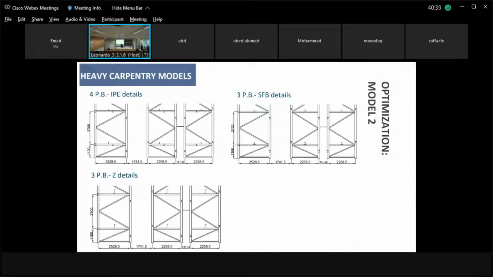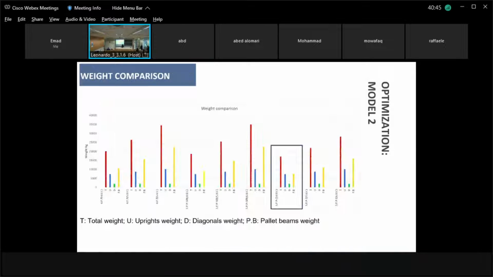And the third model is the one with the zeta pallet beam. So finally, we compared these models, and we obtained that the one with the 3 pallet beams with SFB is the lightest one.